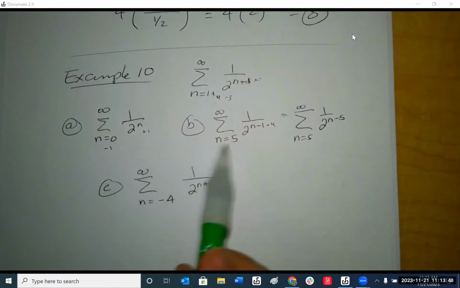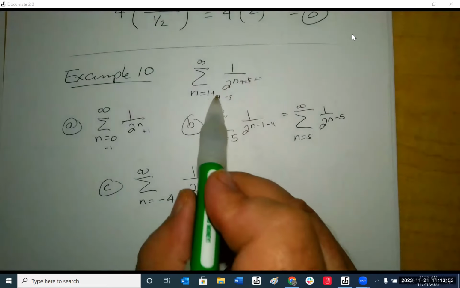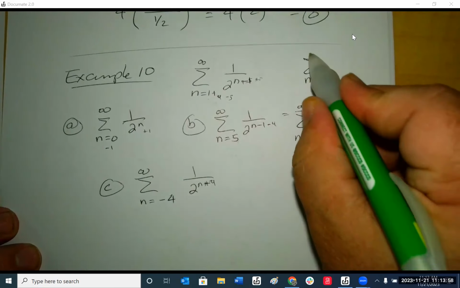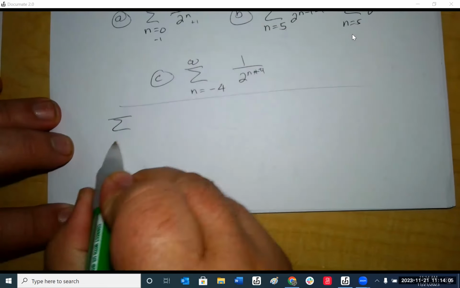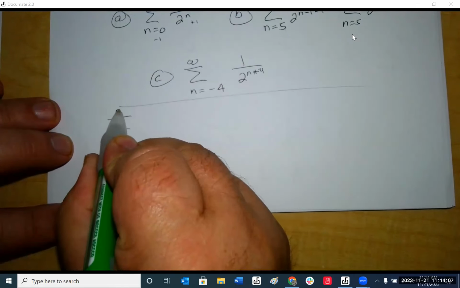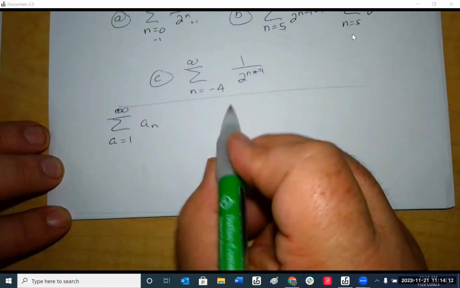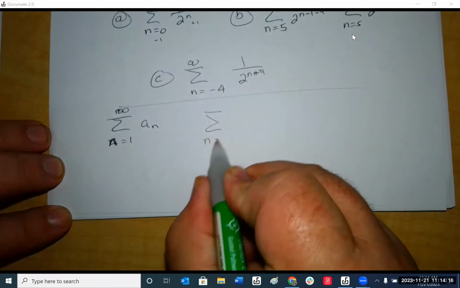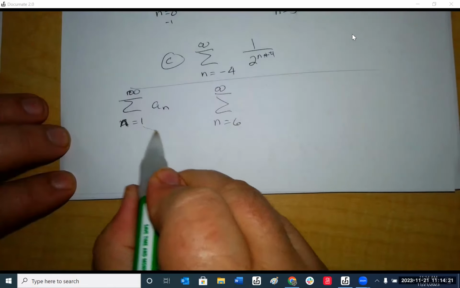So whatever you shift, you reindex your beginning point. From the basic standard, I'm going from 1 to 6.